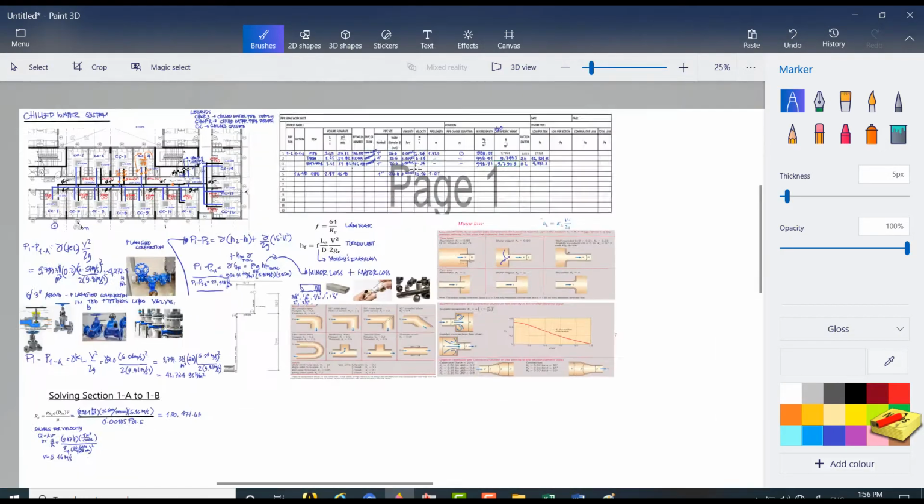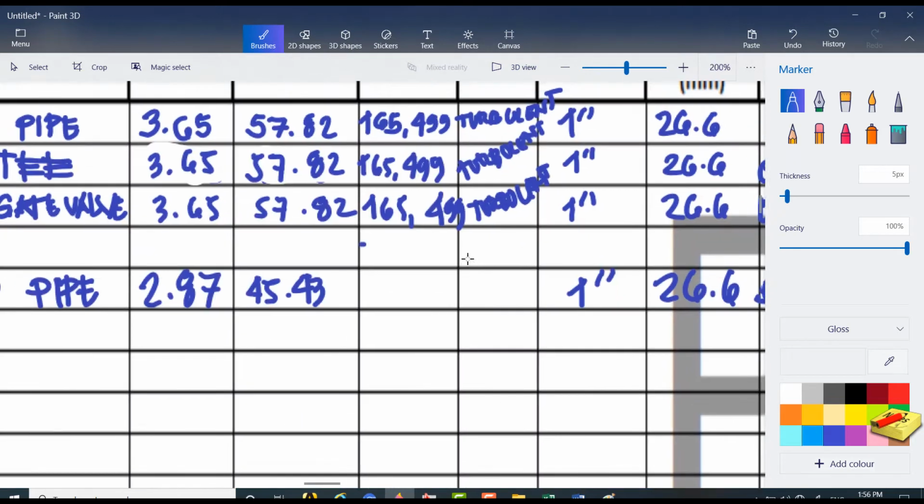Inputting that, 130,471, so still it is turbulent flow.